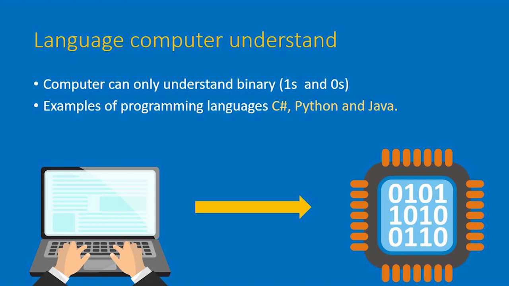Those are the kind of languages a computer understands. Examples of programming languages are C#, Python, Java, C++. As you can see in the illustration there, you input a word, for example, your name. The computer does not save the actual name; it saves it in the form of binary numbers.